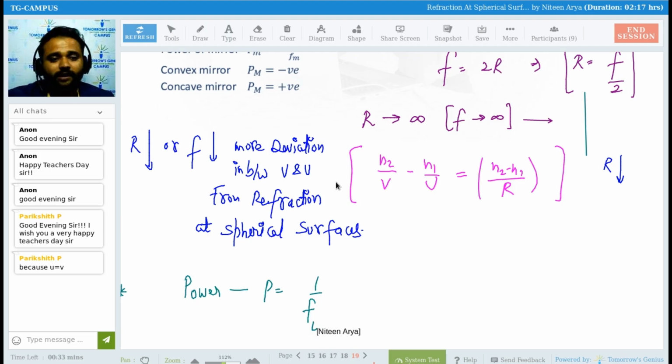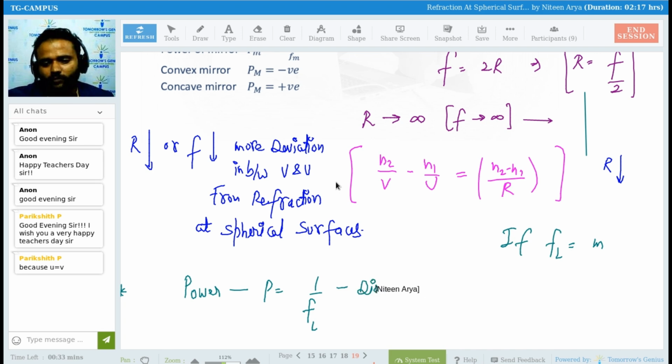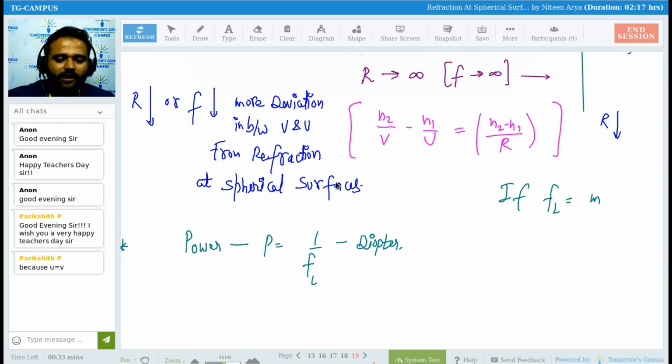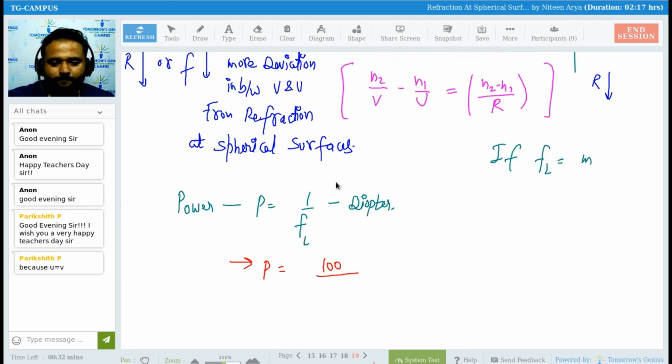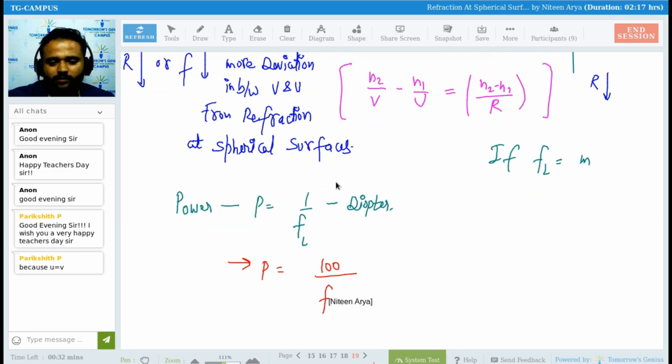If FL is in meters, then it is known as diopter. But if, in general, we have focal length in centimeters, then it is going to be 100 upon FL diopter.